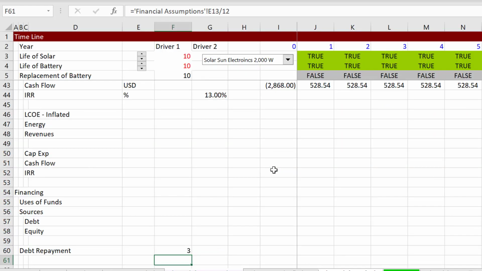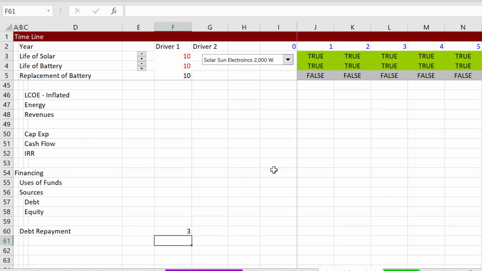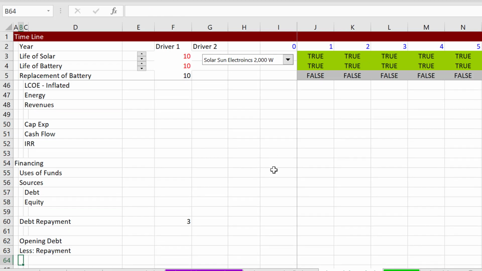And this is unfortunately divided by 12, so not only is the interest rate so high, it's all this. And then we'll put our opening debt balance, and then less the repayment. And the repayment, I'm not going to do something fancy. I'm just going to have a flat repayment here with the PMT function.